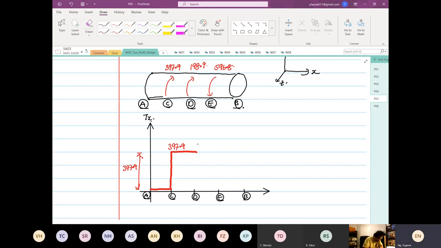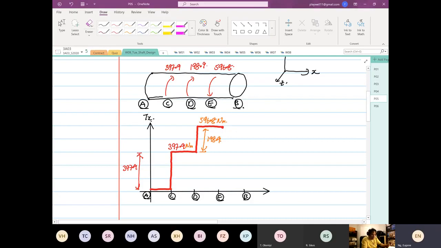So it goes up. When it goes up, the distance from here to here is 198.9, but the value, 397.9 plus 198.9, is equal to 596.8 Newton meter.